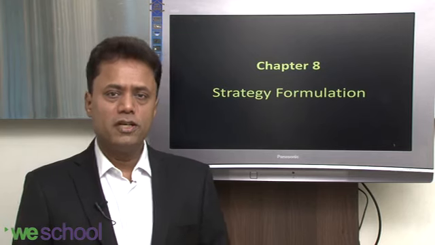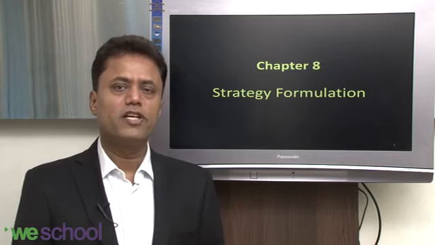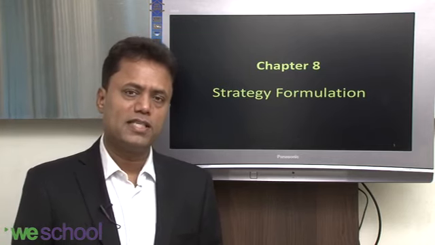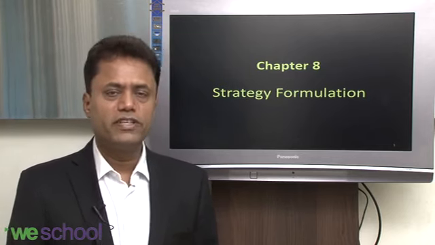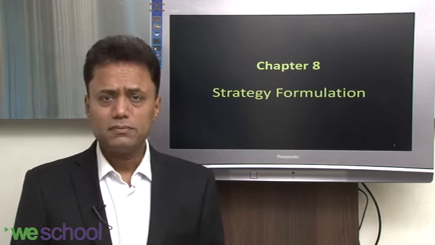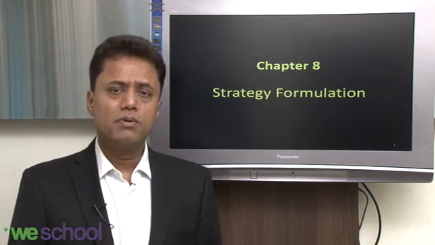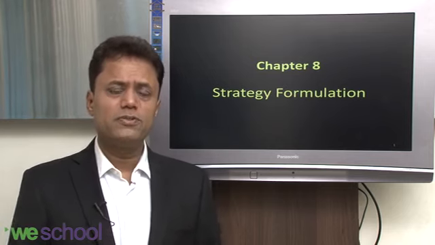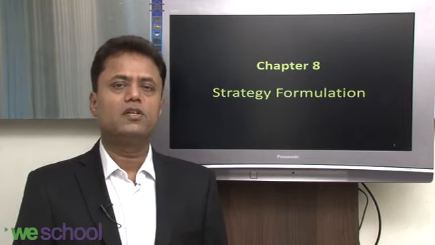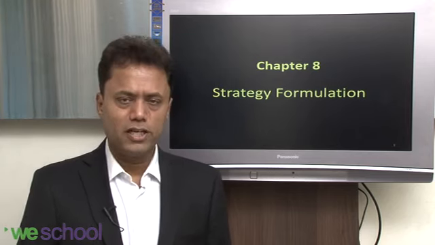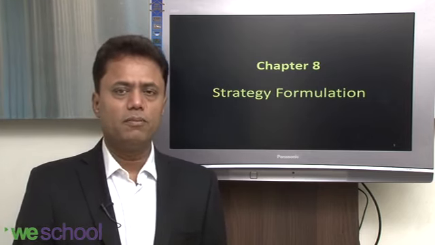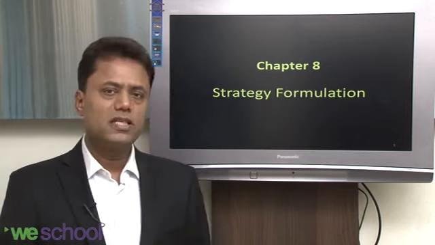The functional unit level strategy is aligning the functional capabilities, building functional capabilities around the organization, be it HR, finance, supply chain management, information technology, sales and marketing, product management, the different functions within the organization. How do you bring all the functions together, align it with the corporate level strategy and the business unit level strategy? So once these three level strategies are formalized, then we move into strategy formulation.